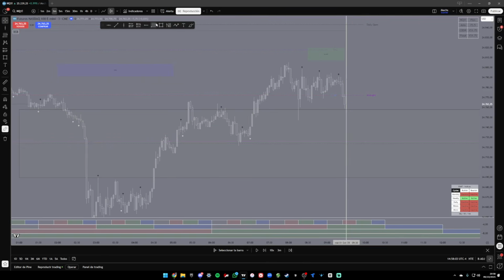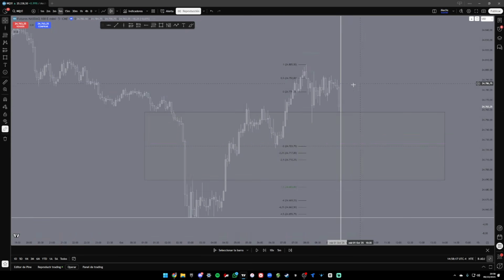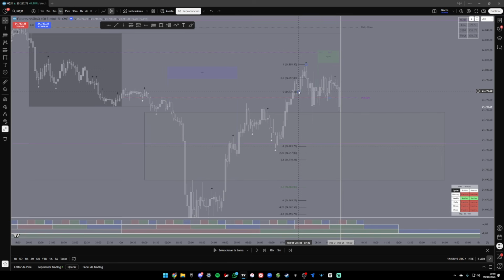After this trade, I'm going to show rejection blocks. We have this 3 minute. The 5 minute, we can use it.